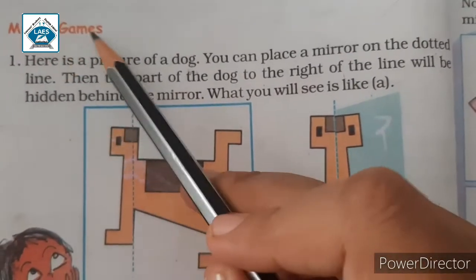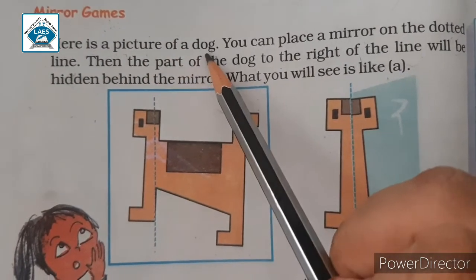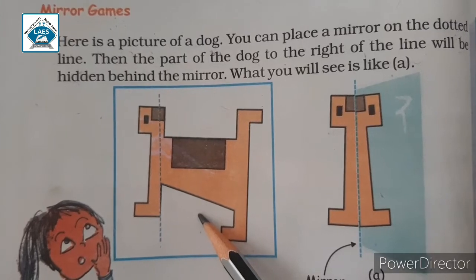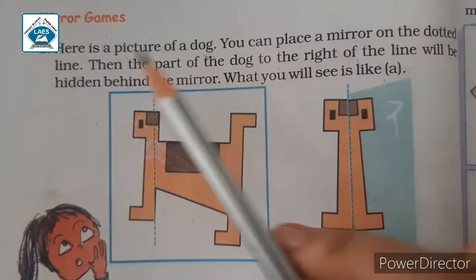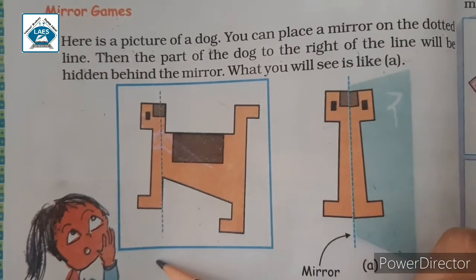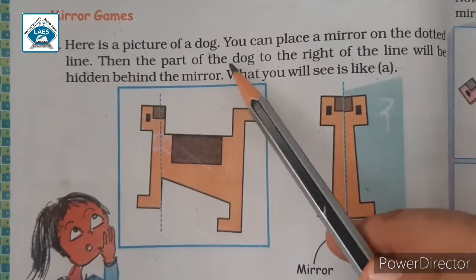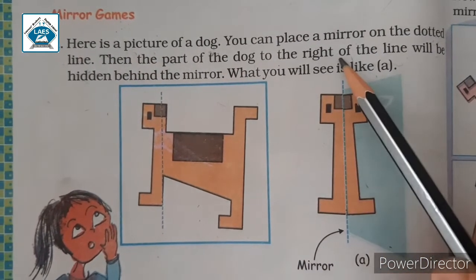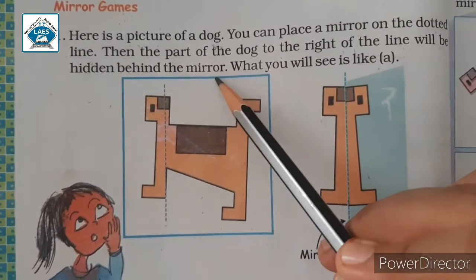Now mirror games. First, here is the picture of a dog. You can see it in the box. You can place a mirror on the dotted line. So here we have a dotted line. Then the part of the dog to the right of the line will be hidden behind the mirror.